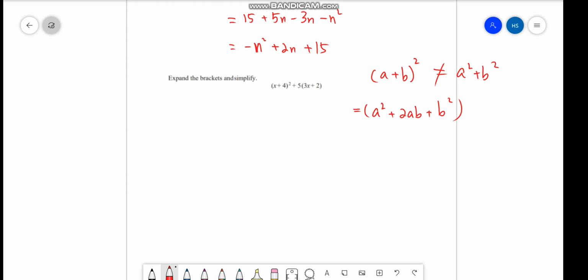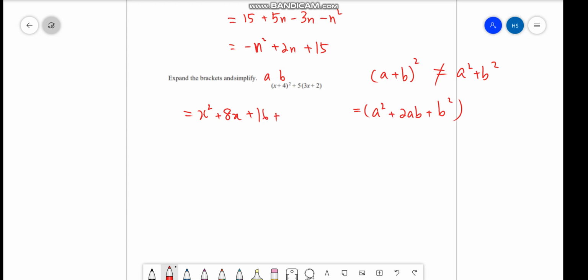Get it? So let's say in this example, your a is the x, and then your b is the 4. So when you expand it, it will become x squared plus, so ab is a times b. So 4 times x, you get 4x. And then you times another 2, so you get 8x. And then plus the b squared. 4 squared is 16.